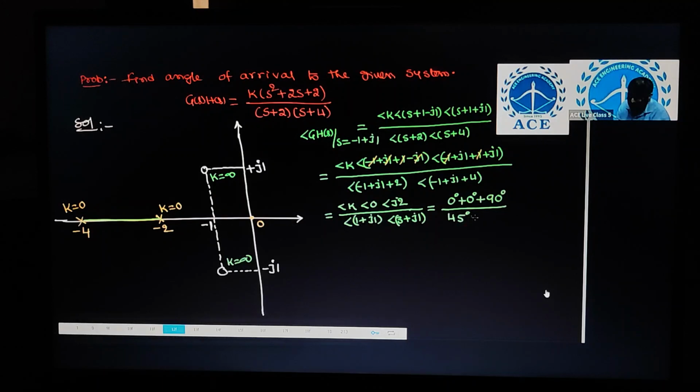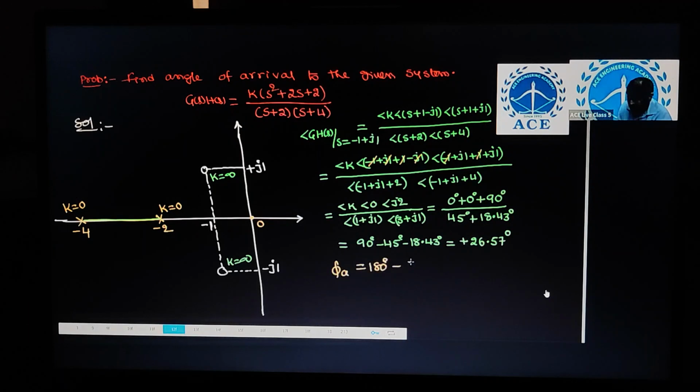Angle of 1 plus j1, tan inverse 1 by 1, 45 degrees. Tan inverse 1 by 3, imaginary by real, 18.43. 90 minus 45 minus 18.43; when you come from the numerator, opposite sign. So plus 26.57 degrees you will get.